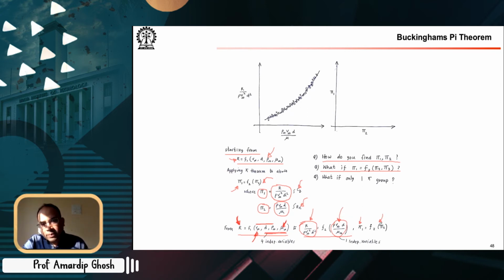So pi1 is a function of pi2, but in some cases, where you have a lot of independent variables, you might end up with pi1 is a function of pi2, pi3, pi4, pi5. It will be simpler than the problem with dimensional parameters, yet you might have more pi groups than just 2. And then you will see that there are some very important problems that have only 1 pi group, so we will briefly touch upon those as well.